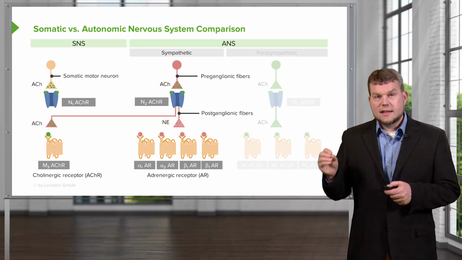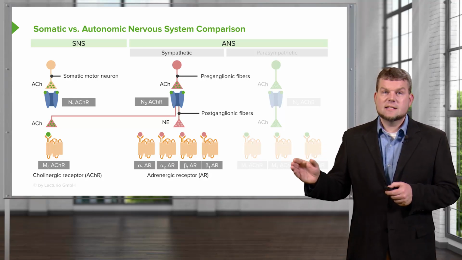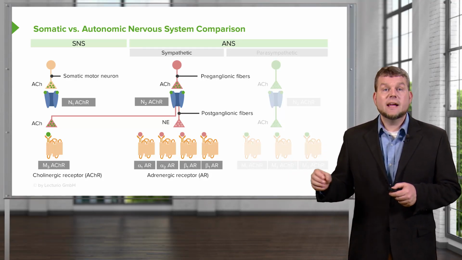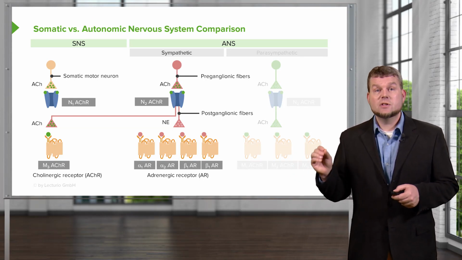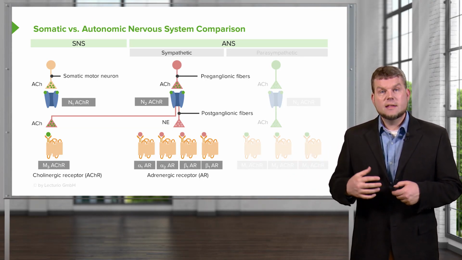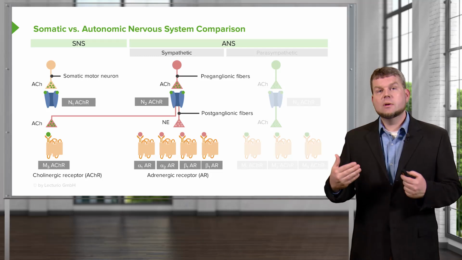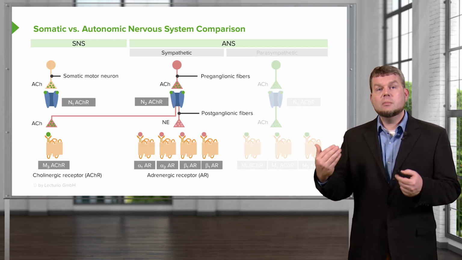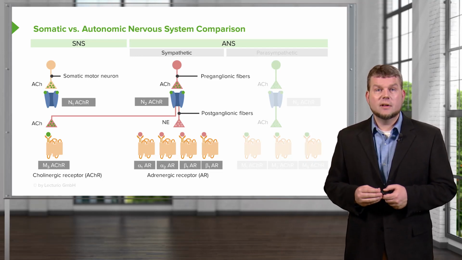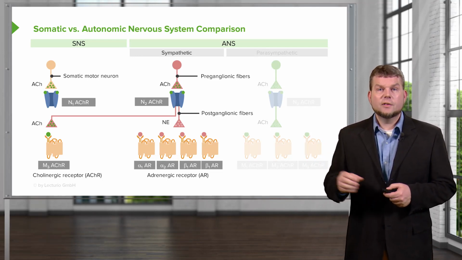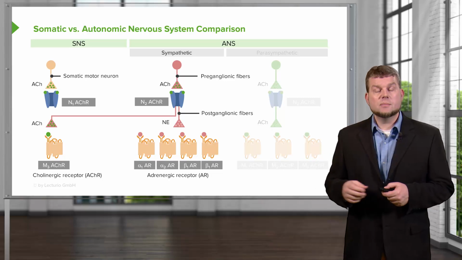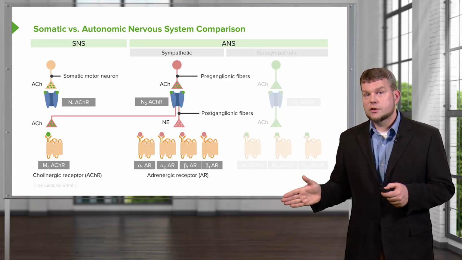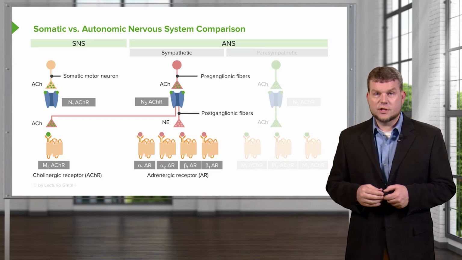It releases that acetylcholine, goes across the synaptic cleft, and binds to a nicotinic type 2 receptor. These particular receptors also allow for ions to travel through and will stimulate another nerve to be released. That other nerve can be one of two types, either another cholinergic nerve or a noradrenergic nerve.